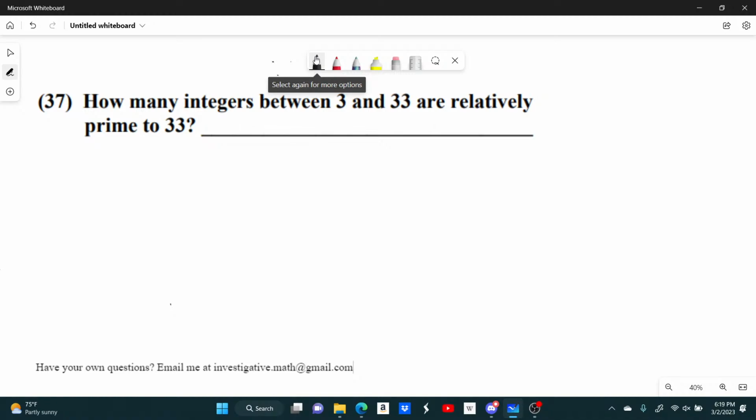So, for example, 15 is obviously not a prime number, right? But 15 and 4 are relatively prime, because they share no common factors besides 1. So that's what it means to be relatively prime: no common factors besides 1.